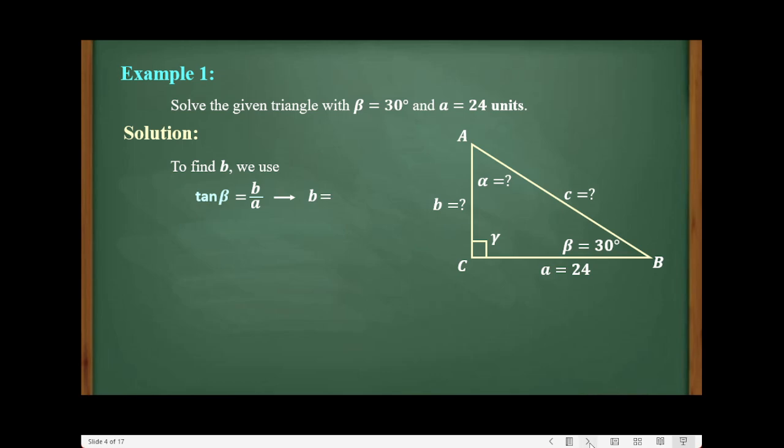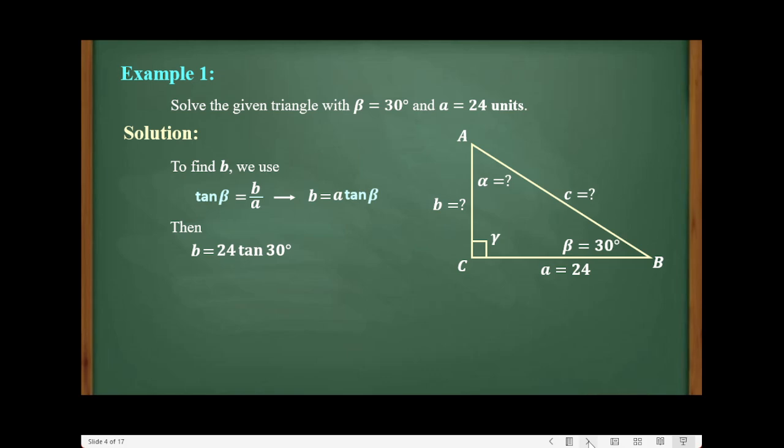So, we transform this equation, we have b is equal to a multiplied by tangent of beta, and then substitute the known parts into this equation. So b is equal to 24, which is the value of side small letter a, times tangent of beta, which is actually 30 degrees.